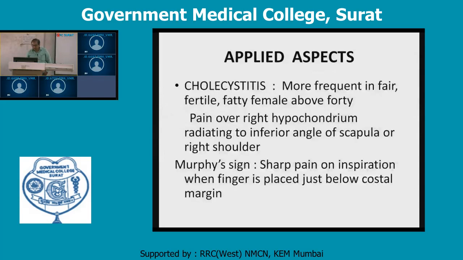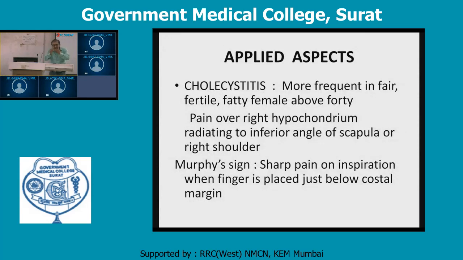So till now, we have discussed the normal anatomy of all the components of the excretory apparatus of the liver. First, the intrahepatic part, initially the bile canaliculi and later on bile ducts.